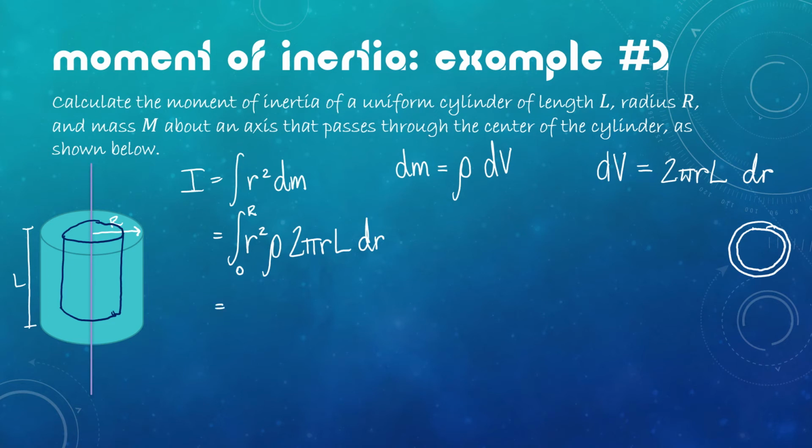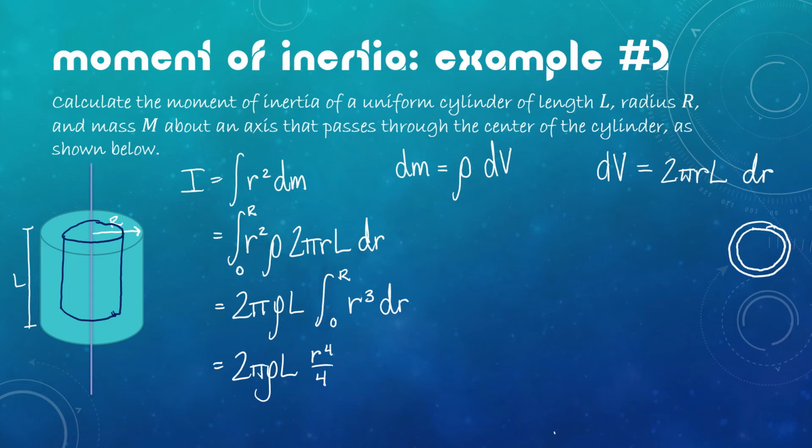To make it easier to take the integral, I'm going to pull out my constants, and there's quite a few of them here. 2 pi, rho is a constant because it's a uniform mass distribution, and L is a constant. And so then I'm left with the integral from 0 to capital R of r cubed dr. And that's a fairly easy integral to take once again here. It gives us r to the 4th over 4. We evaluate between 0 and capital R.